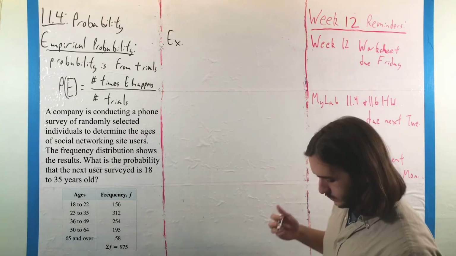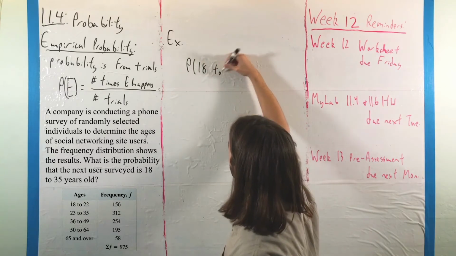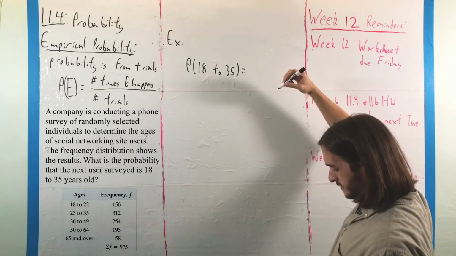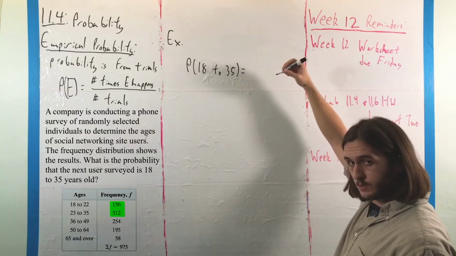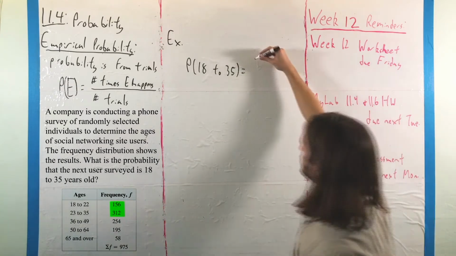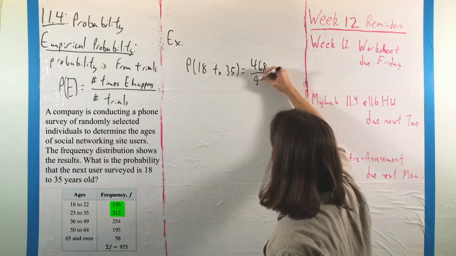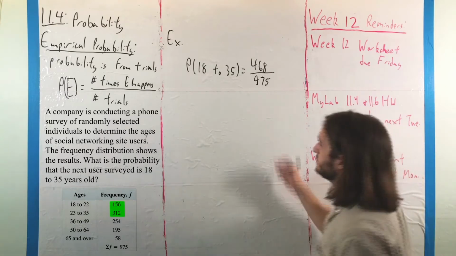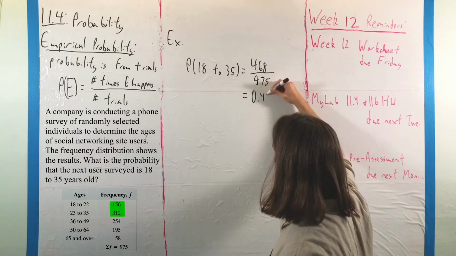In this case, we can see that if we want to find the probability that a given user is 18 to 35, what we will have is 156 in the 18 to 22 bracket, as well as 312 in the 23 to 35 bracket, which will give us a total of 468 out of 975 as our probability here, which we could maybe reduce a little bit, but we're better served jumping to writing this as a decimal, about 0.48.